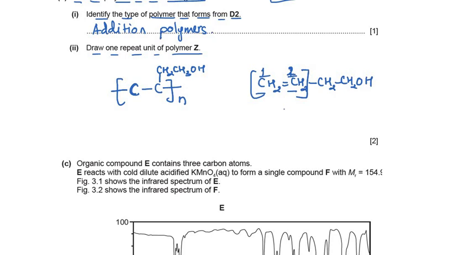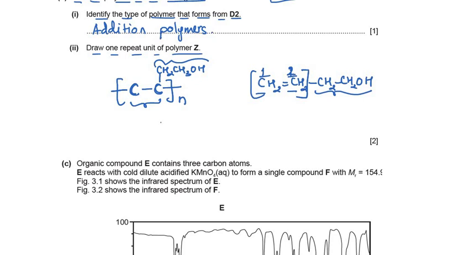So here we have drawn only the 2 carbon atoms carrying the double bond as the repeating unit in between, and the remaining part of the chain will be bonded to the second carbon atom. I'm drawing it on the top because that will be a chain in the polymer. So this is how we draw the repeat unit of any addition polymer. Remember, an addition polymer will have only the 2 carbons carrying the double bond in the repeat unit.